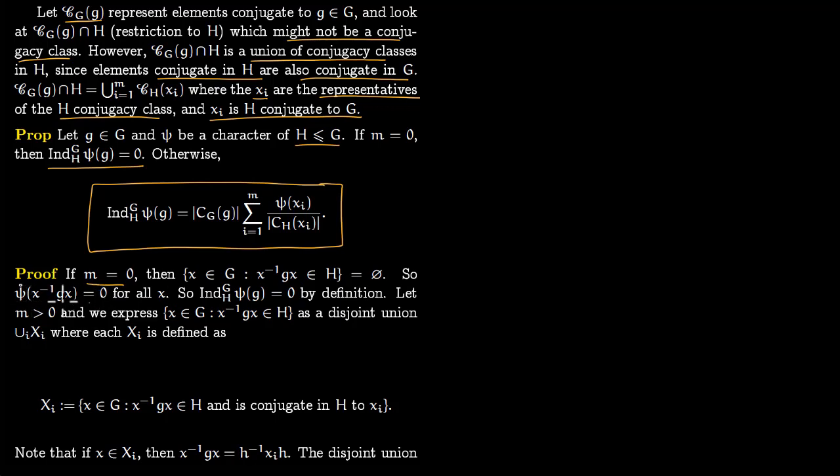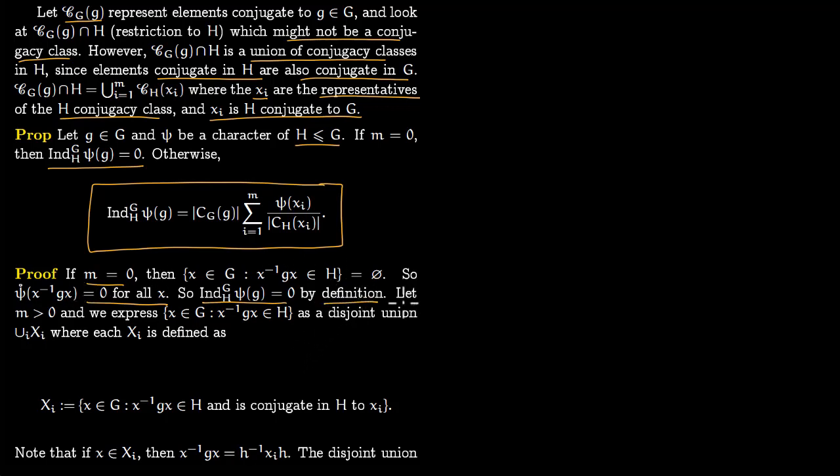There are no x_i into which you can split the conjugacy classes, so this set has to be empty, and therefore this is 0. So the first part is clear. By definition, this thing is 0 and you're summing over it, so it has to be 0, which we gave in the previous lecture.